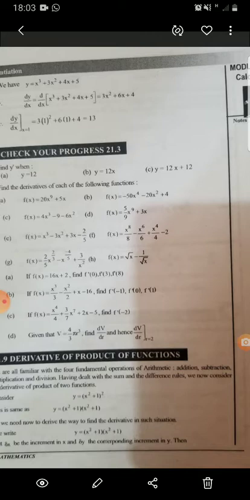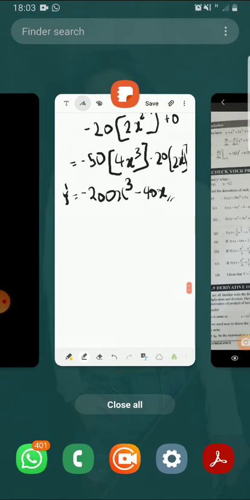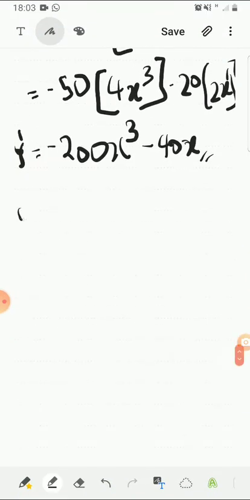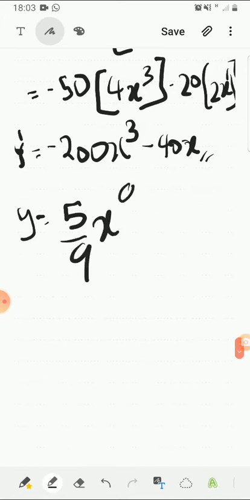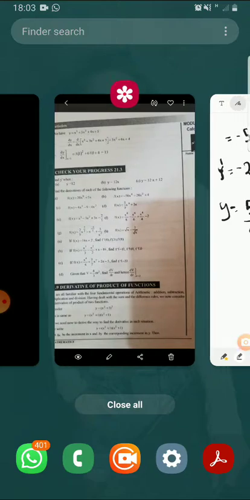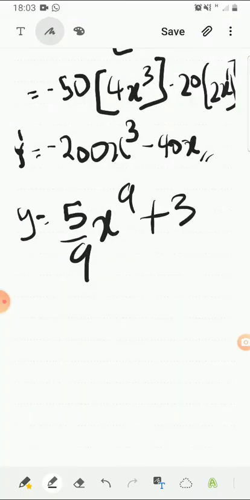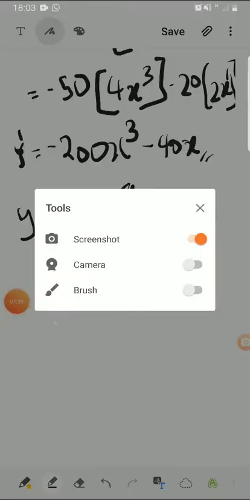Then for number D, question D, 5 over 9 x raised to the power of 9 plus 3x. Alright, so the same principle applies.